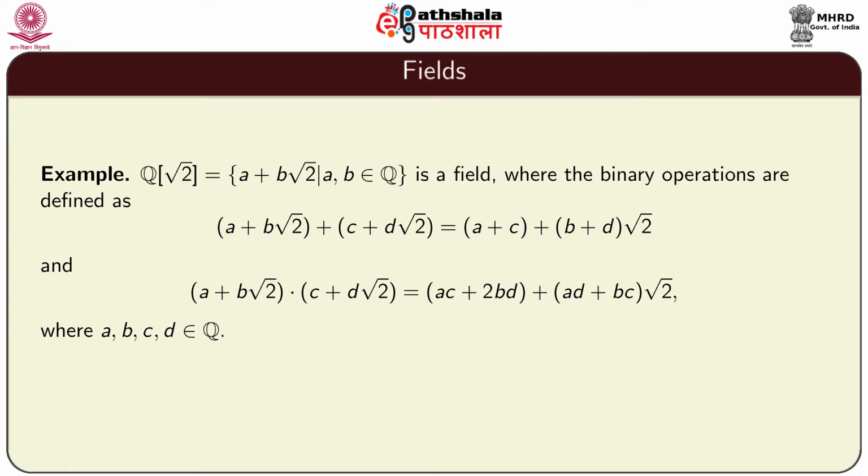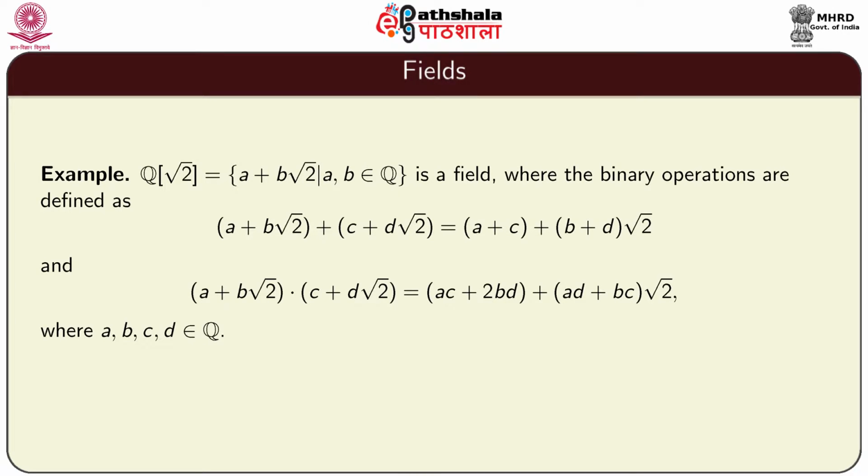You can see that this is an infinite set. It has various elements. For example, root 2 is also an element in this set if you take a equal to 0 and b equal to 1. 1 plus root 2 is also an element in this set if you take a equal to 1, b equal to 1.